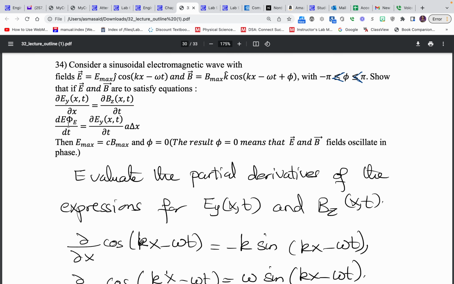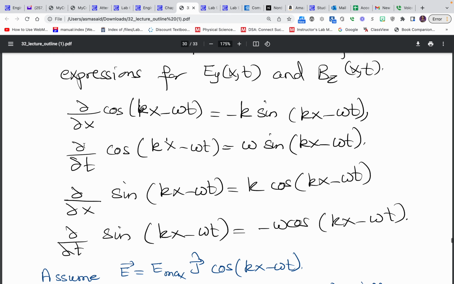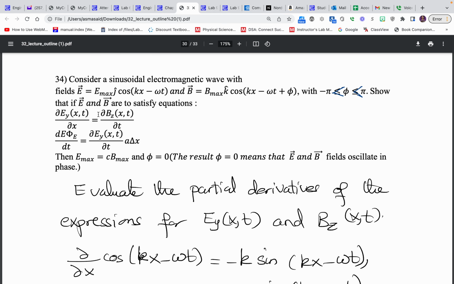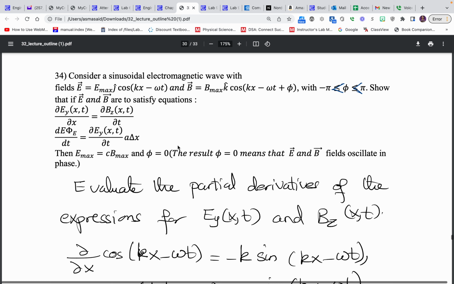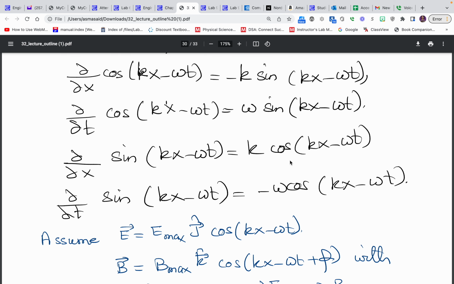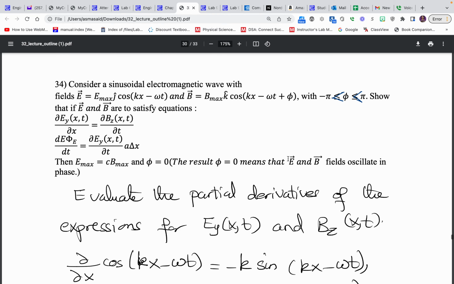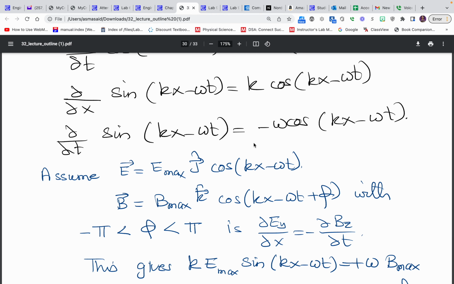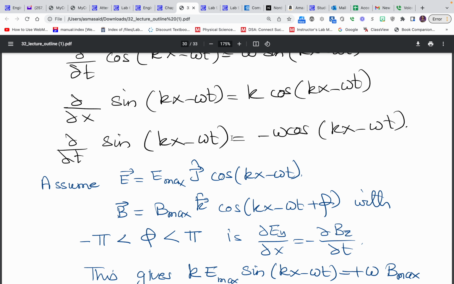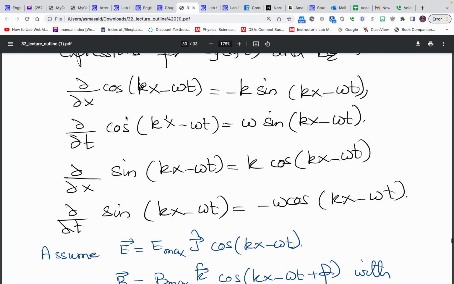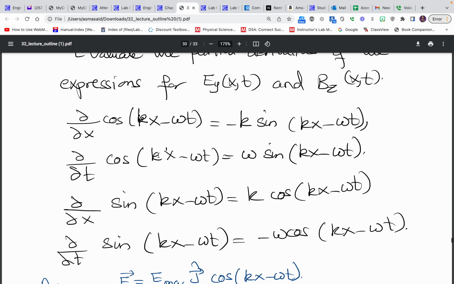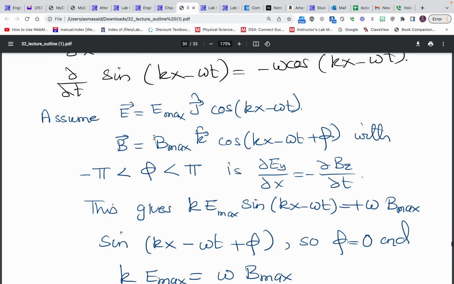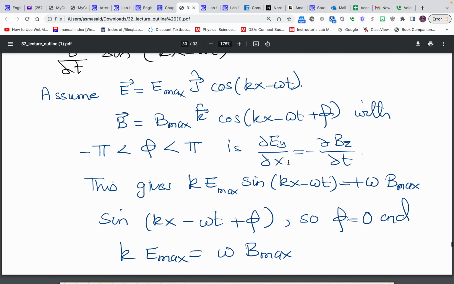For the sine terms as well, we show the expressions, and then we assume that E equals this quantity from the given quantities, and this is B.